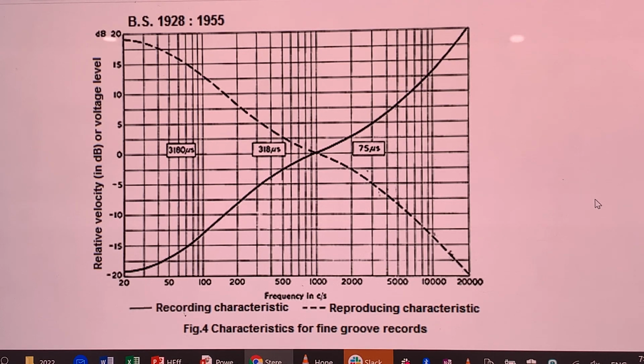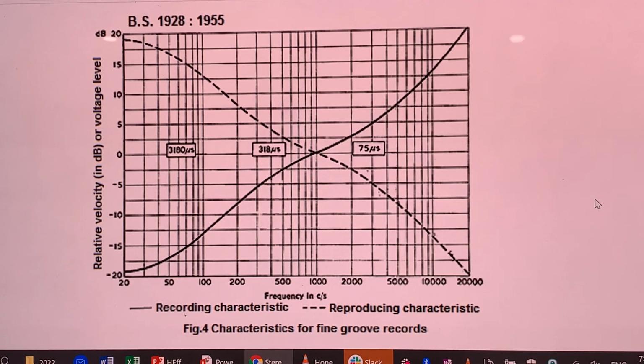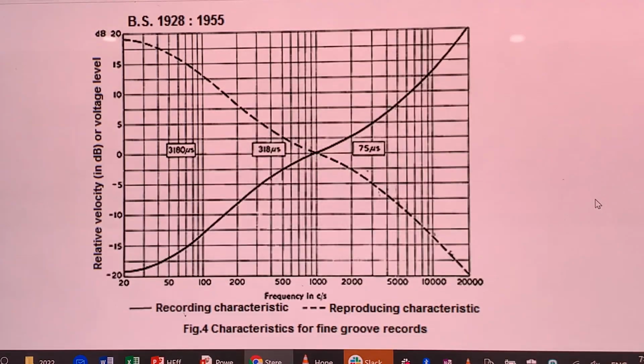And today, I would say every high quality phono stage is within 0.2 dB tolerance from the line. So basically, you are getting within 0.2 dB of what was originally recorded with the microphone. And that's true at 10 kilohertz, 20 kilohertz, 1 kilohertz, 50, and even at 20 hertz. So nothing is getting compromised by this process in the frequency domain.